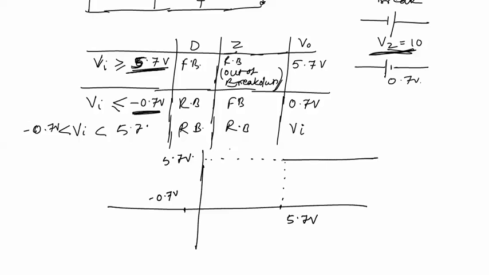For Vi less than minus 0.7 volt, output is equal to minus 0.7 volt. And for Vi between minus 0.7 volt and 5.7 volt, output is equal to input, so there will be a straight line passing through the origin. So this is the transfer characteristics.